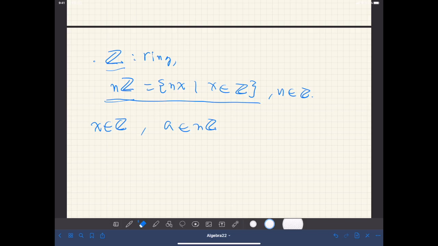Of course, a is a multiple of n. So xa is a multiple of n, therefore it's an element of nZ. So this is an ideal.